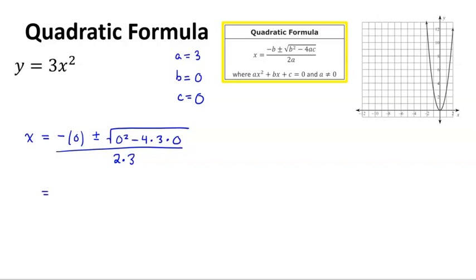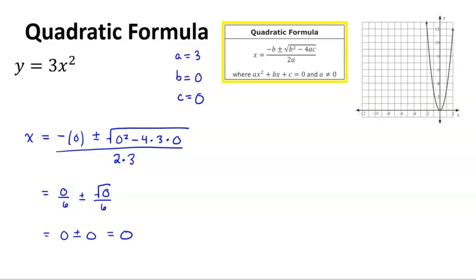So now I've got 0 over 6 plus or minus the square root of 0 minus 0, which gives me the square root of 0, over 6. And this ends up being 0 plus or minus 0, which I guess we can say is going to be 0. And so with this one, it's super duper easy with the quadratic formula.